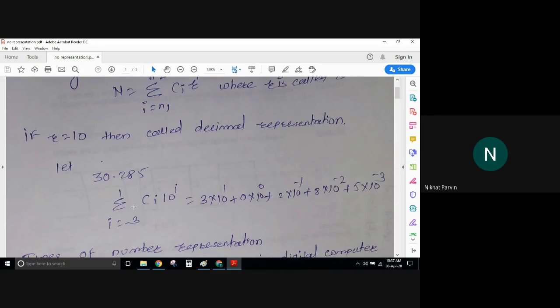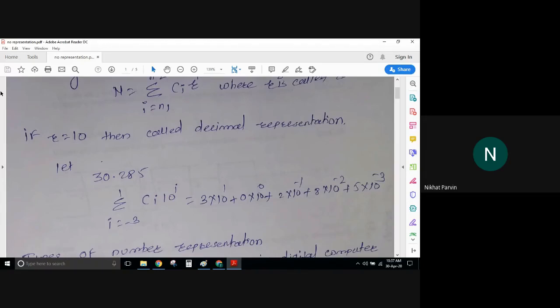Now, as our aim is to study DSP, in the DSP we are discussing how the processor manages to deal with the number representation. What kind of number representation we can do when we are dealing with digital computers or digital hardware. That means whenever we are representing a number in a digital computer or any other digital hardware, we can use any one of these forms.